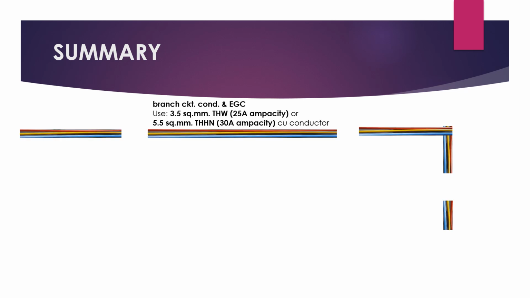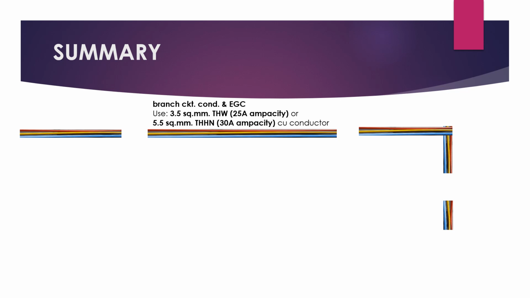Now for the final summary, here we can see the complete circuit and our result of calculations. Here are the branch circuit conductors and also the equipment grounding conductors, which I mentioned here.